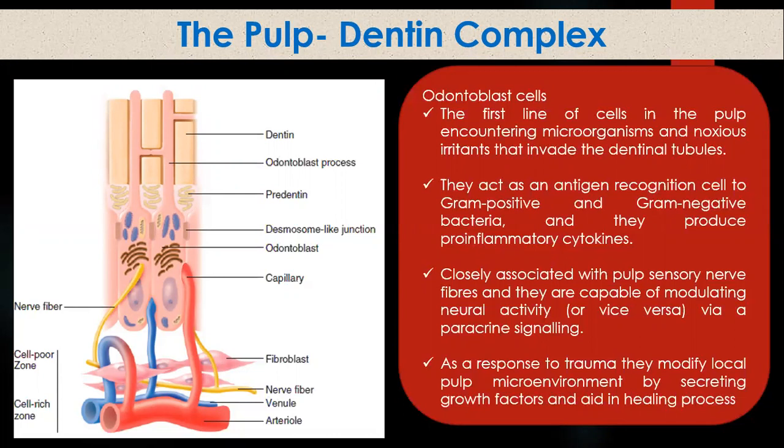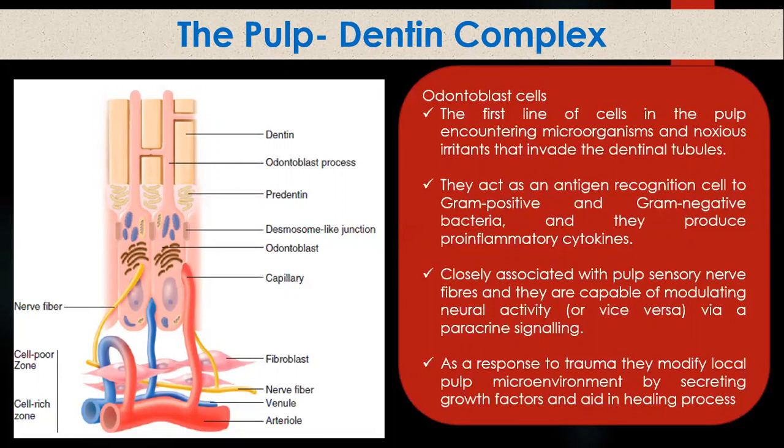So also, as they are the first recognizing cells and they are closely associated with the free nerve endings, the pulp sensory nerve endings that are present there, they are considered capable of modulating the neural activity via paracrine signaling.